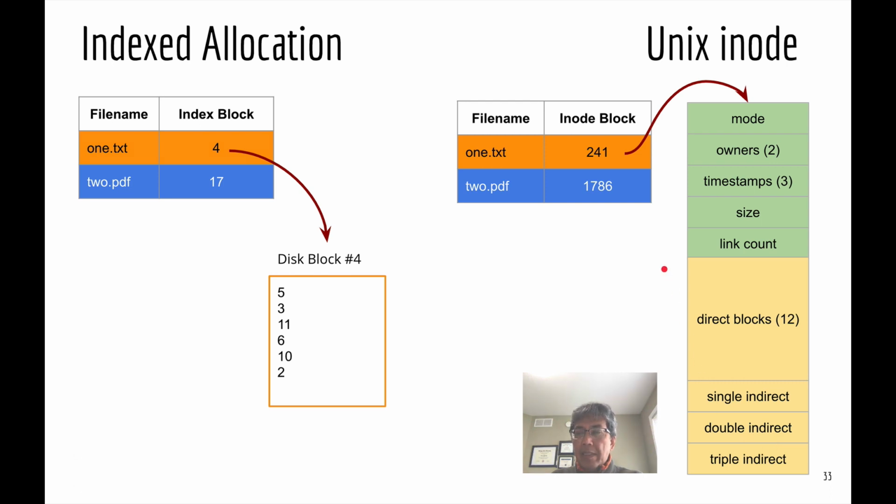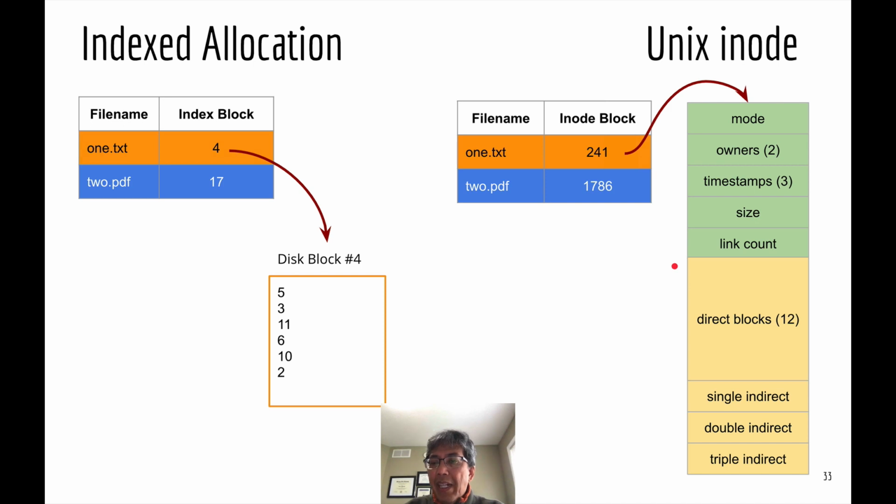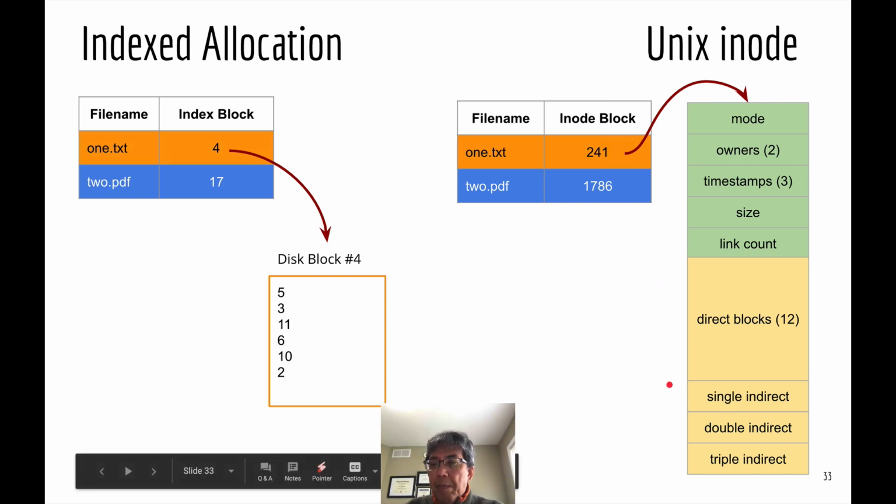And to allow handling huge files, the Unix file system uses a multi-level indexing scheme, and the depth of the index can go as high as 3 levels deep.